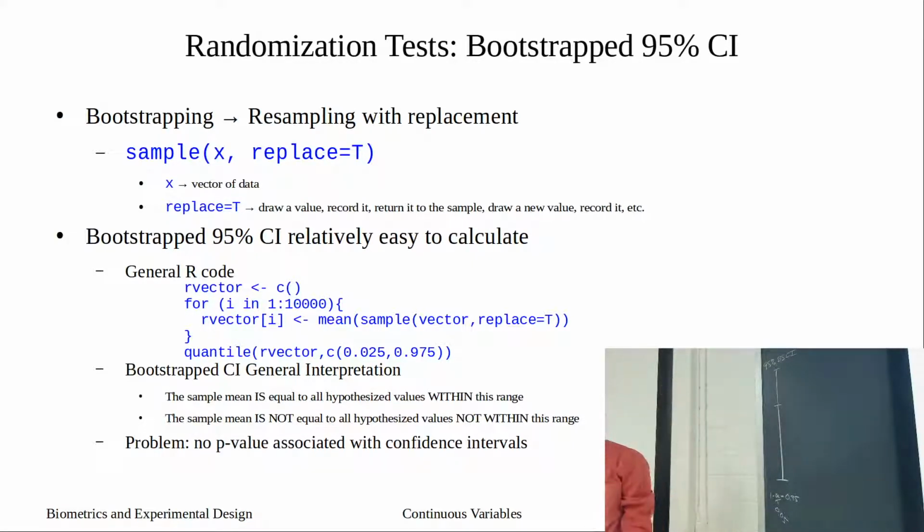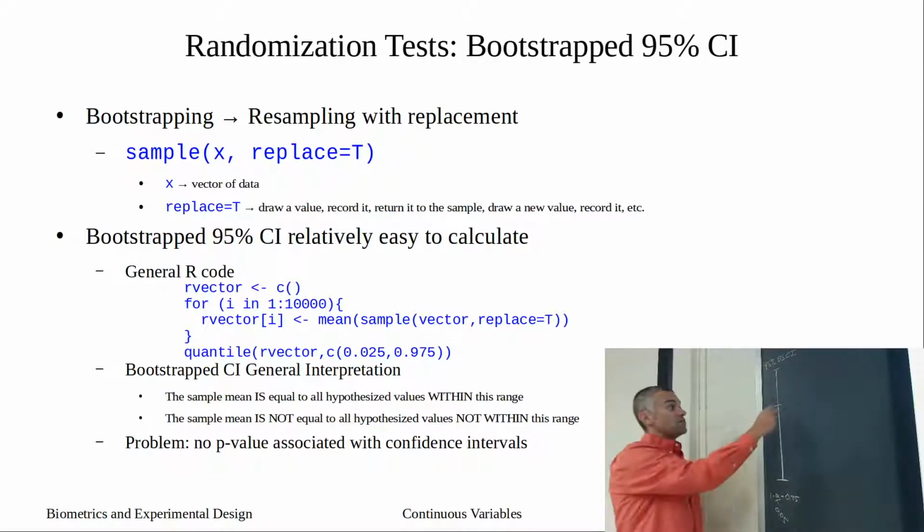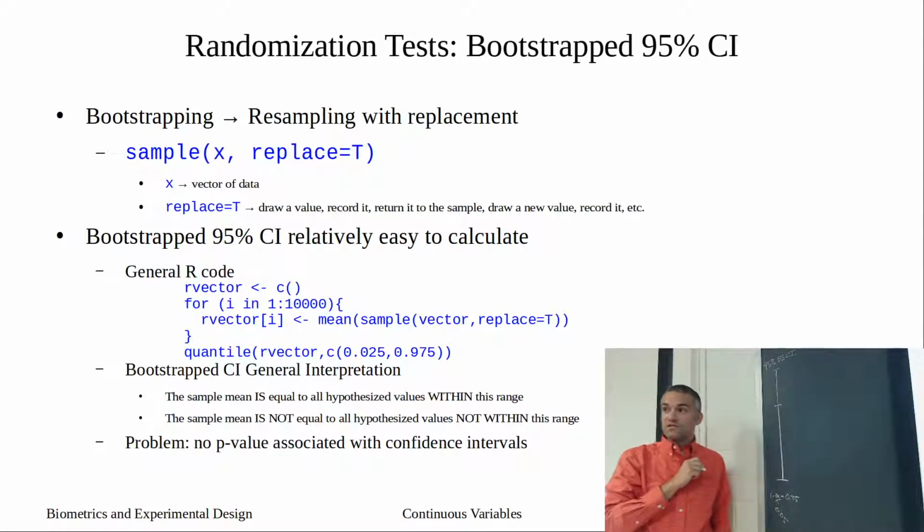Where did that alpha of 5% come from? That was our cutoff for the p-values, right? As we said, if we fall in that 5% rejection region, we will reject our hypothesis and conclude that means are different, or that our sample mean is different than that hypothesized mean. We're going to apply that same rule here with our bootstrap confidence interval.